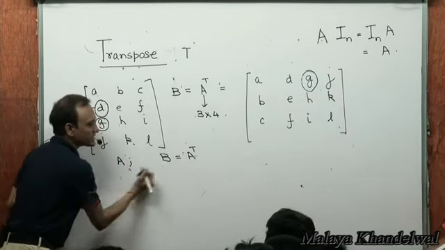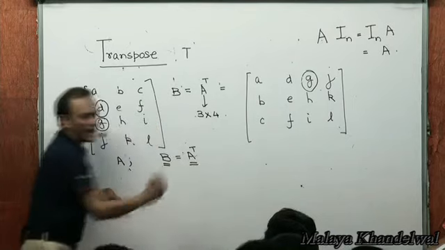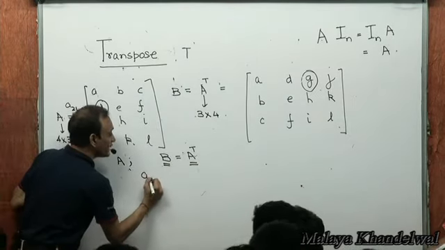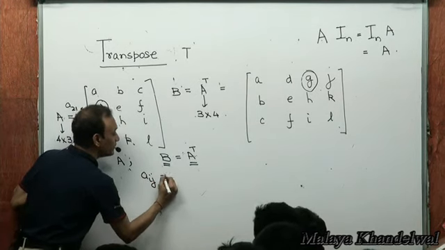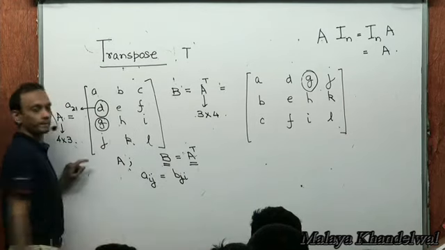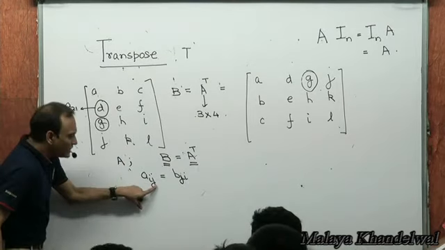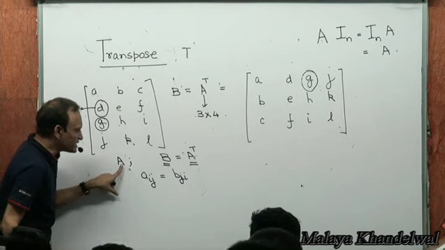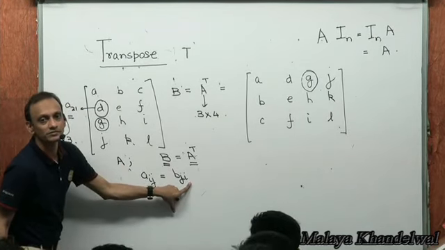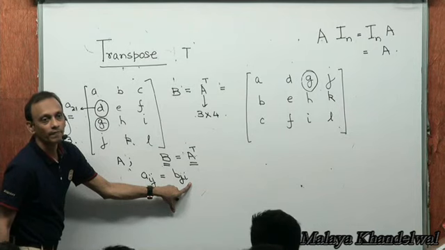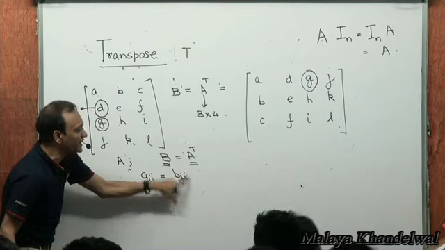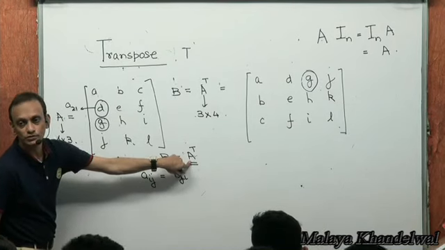If A is a matrix and B is obtained by transposing A, then the ijth element of A will be the jith element of B. The ijth element of a matrix A will be the jith element of its transpose.